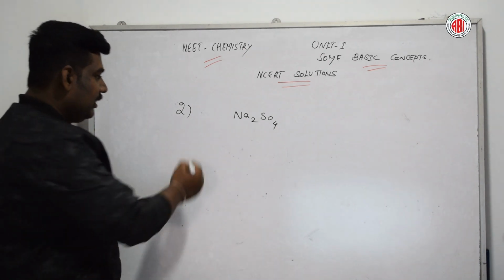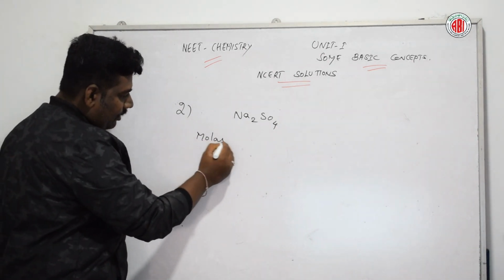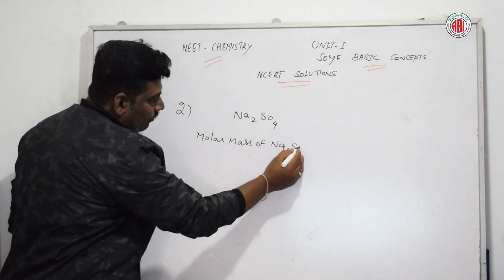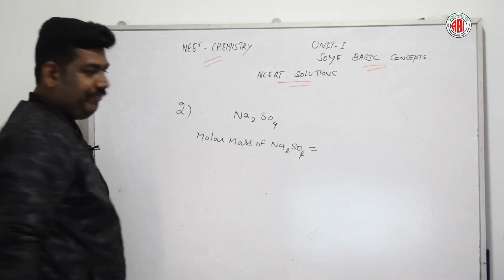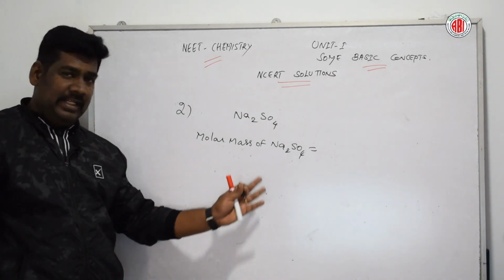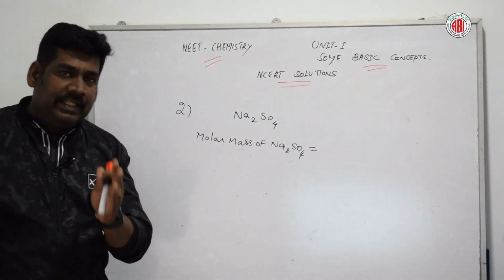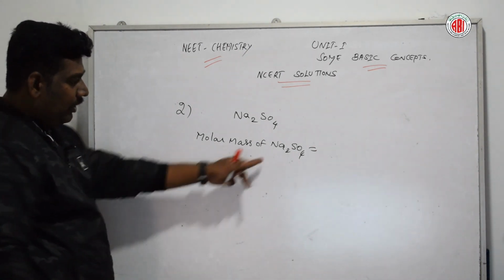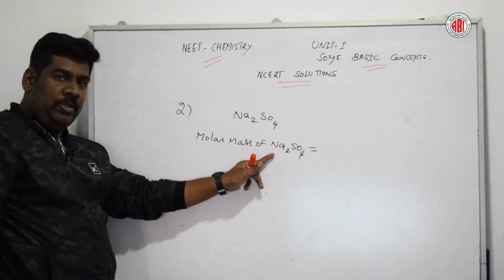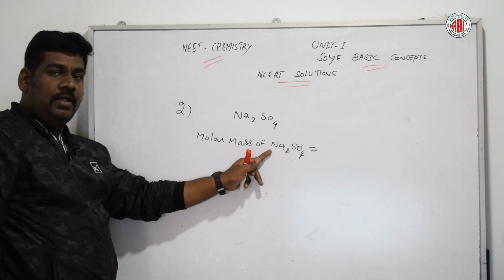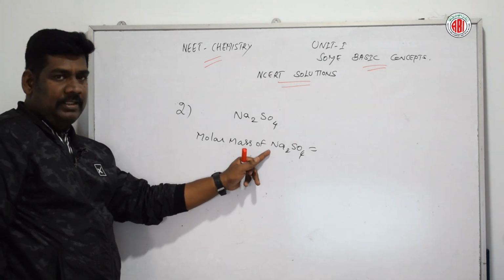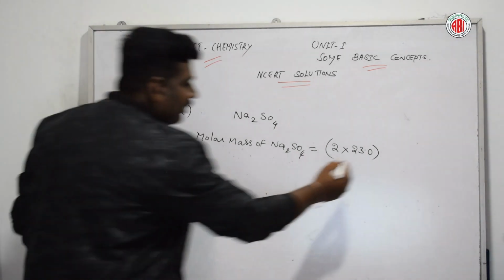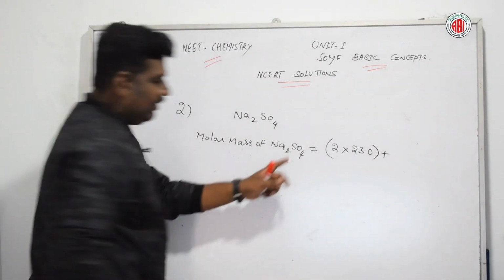Now the molar mass of Na2SO4 is equal to, let us write the individual elements present in the compound in detail. Here sodium: the number of atoms of sodium is 2, so 2 into the atomic mass of sodium, that is 2 into 23, plus sulfur.